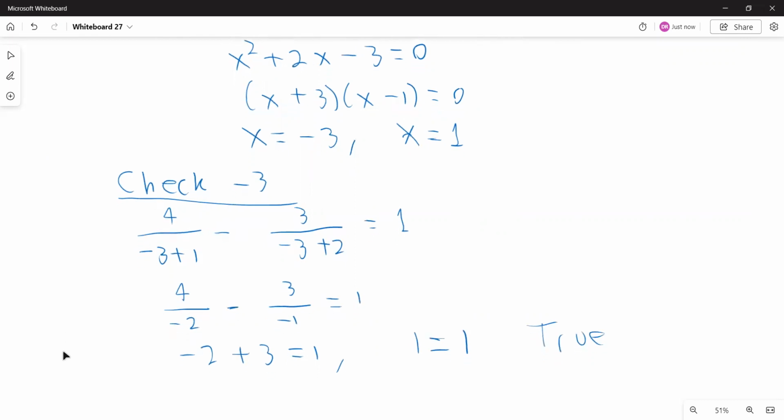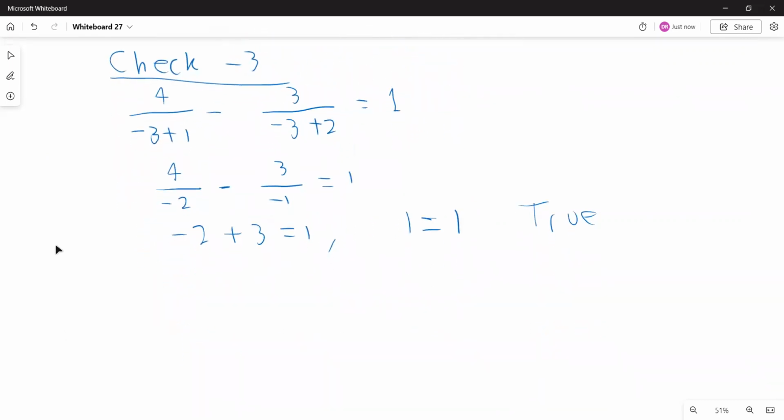And finally, we're going to check 1. So that's 4 over 1 plus 1 minus 3 over 1 plus 2 equals 1.